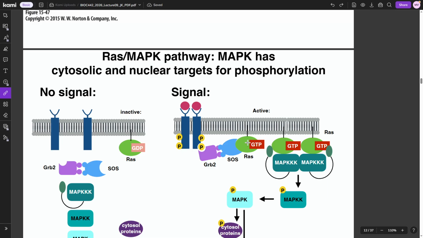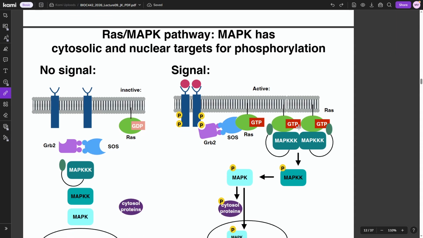And then this RAS that is now active, because it's in its active form, is able to bind these MAP kinases. And it essentially activates these MAP triple Ks. I'm not going to say what triple K is normally. It binds MAP kinase, pushing it into its active form.